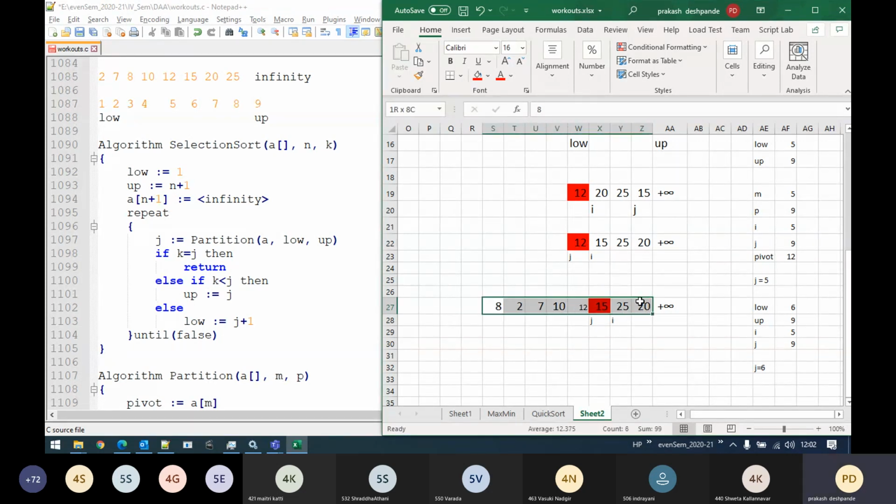Are all the elements sorted? No, sir. But do we have the right element at the sixth position? Yes, sir. That is how the selection sort in divide and conquer happens.